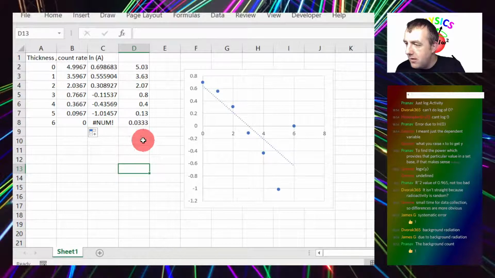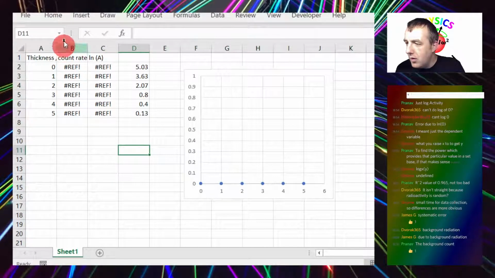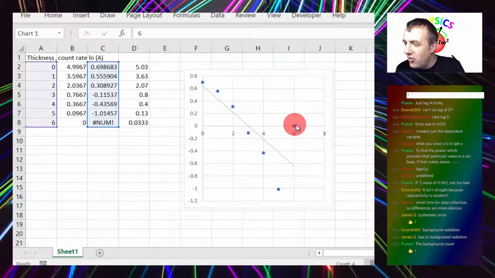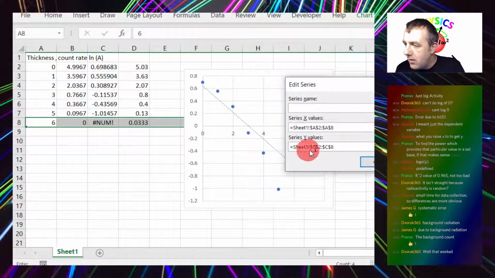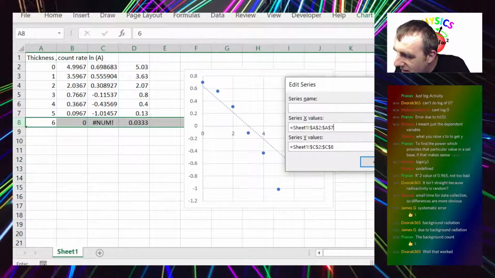Well, I mean, at that thickness, we've got nothing intelligible. And now everything's gone wrong. Super. So let's reduce the range of the results. Select data. What's that say? 58? Let's change that to 7.